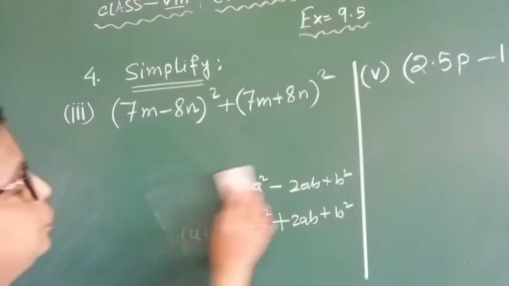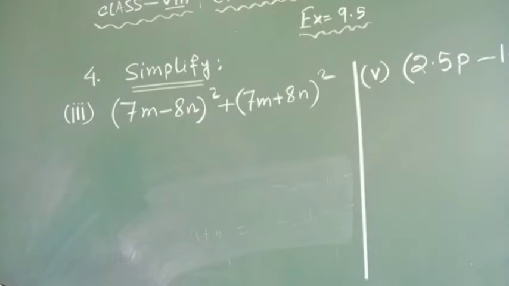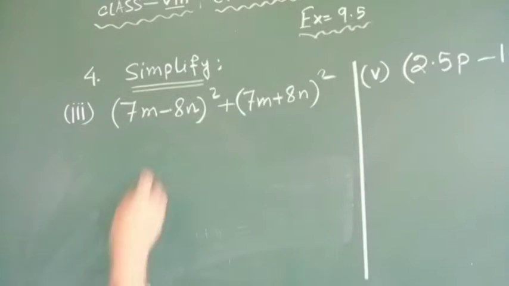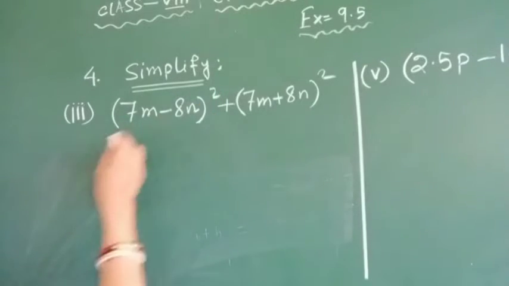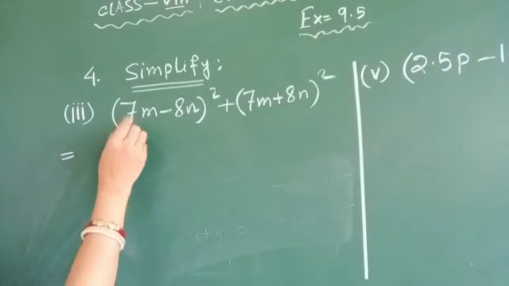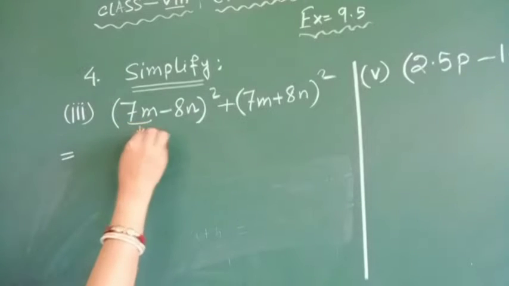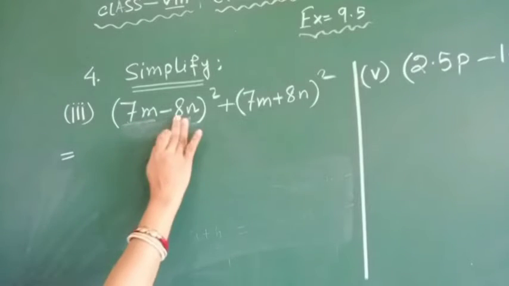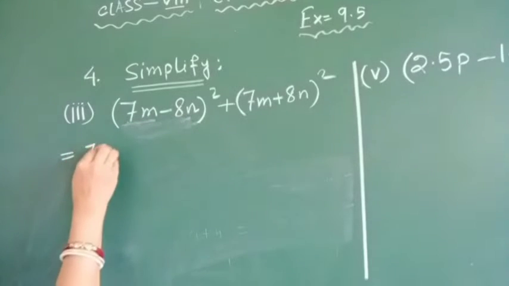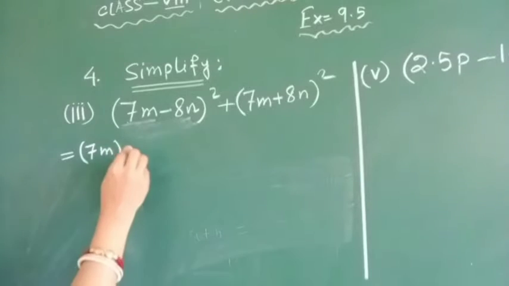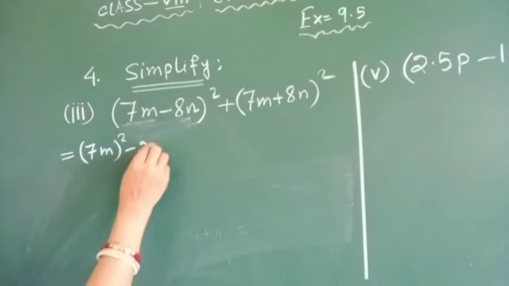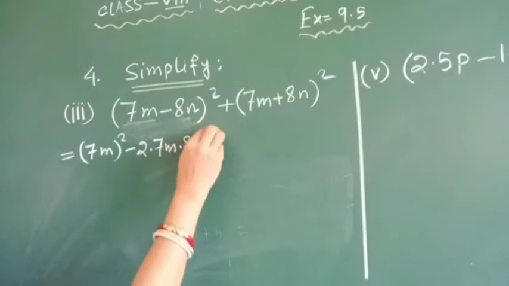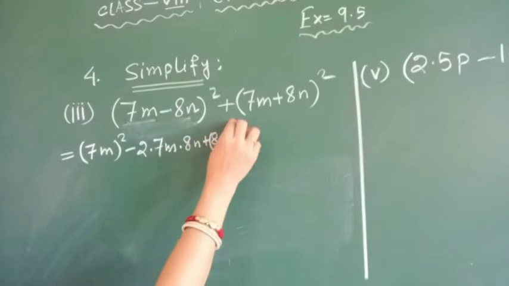Okay, now we will start to solve the sums. (7m minus 8n) whole square. Here this is our a and this is our b. So I will write a square minus 2ab plus b square: a square minus 2 into 7m into 8n plus (8n) whole square.